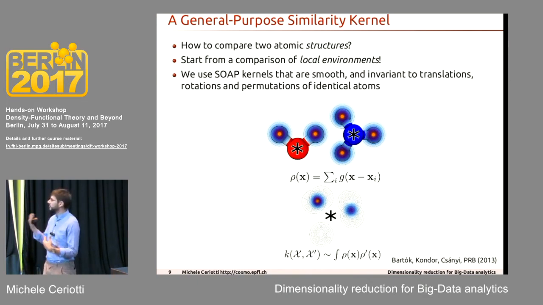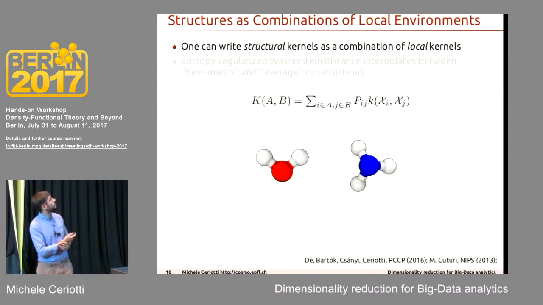Then, if you remember Gabor's presentation, you have to do a number of different operations to make sure that this overlap integral satisfies the fundamental symmetries of the problem, but I will not get into detail. To me, this is just a very smart way of comparing two groups of atoms. And the real question is, once you have done this operation, how can you build something that you can use to compare entire structures?